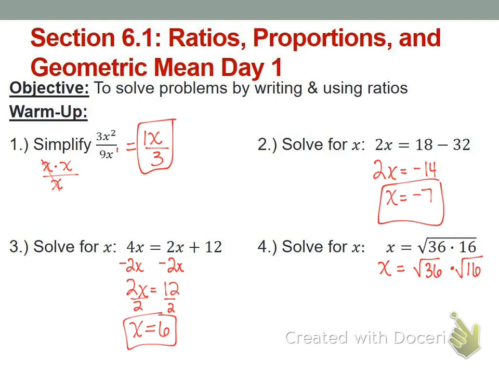But most of you, I think, know the square root of 36 is, and the square root of 16 is, but we still need to multiply those numbers back together. We get x equals 24. Questions, concerns about number 4?